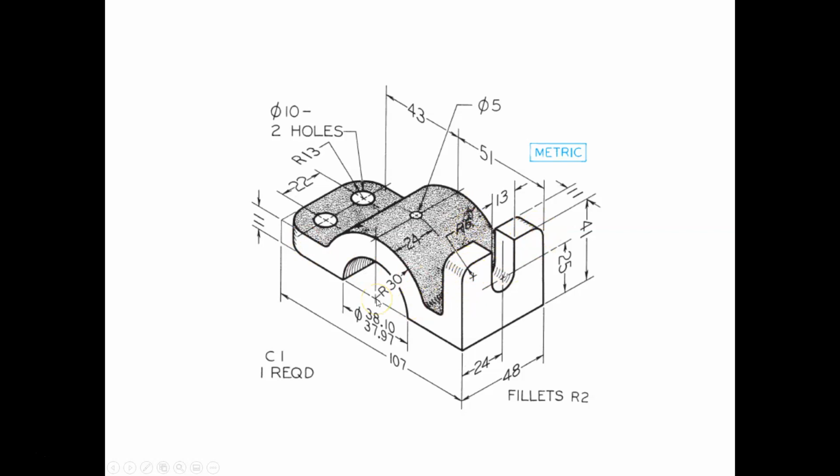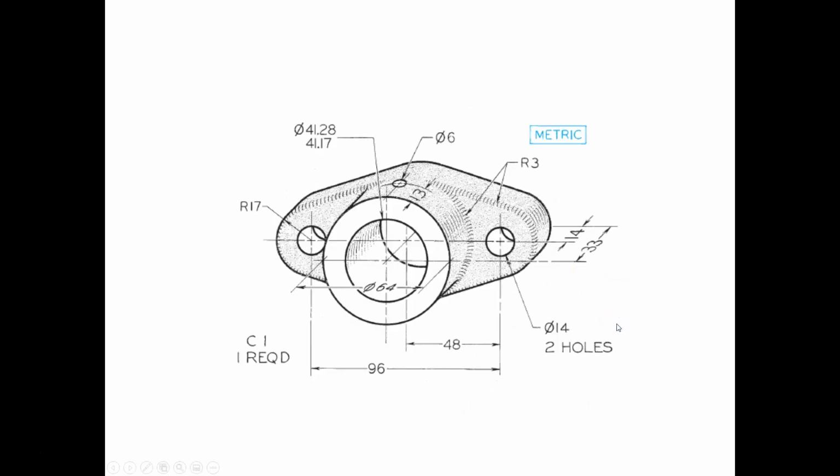So if you start to see what at first glance would be a complex part, if you start to break them down into simple three-dimensional primitive shapes, you can start to understand and approach dimensioning from a much more basic, simpler, step-by-step sequential context.